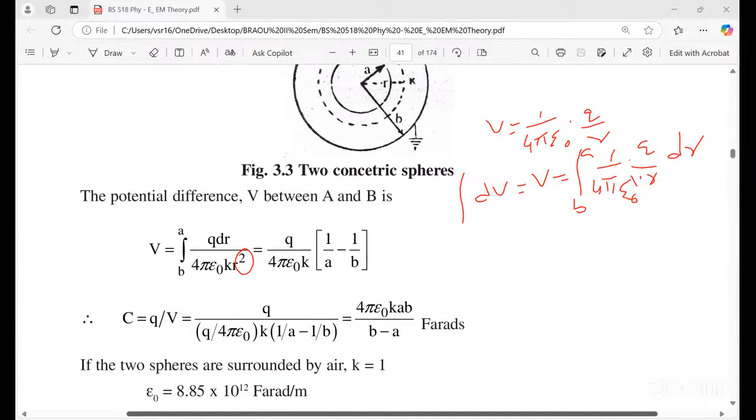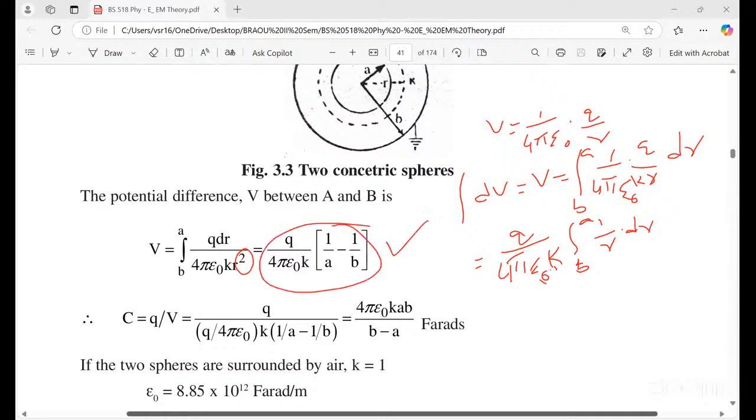There is a medium here, so it is Q by 4 pi epsilon naught K, integral b to a, 1 by r square into dr. By substituting limits, you can have this equation.